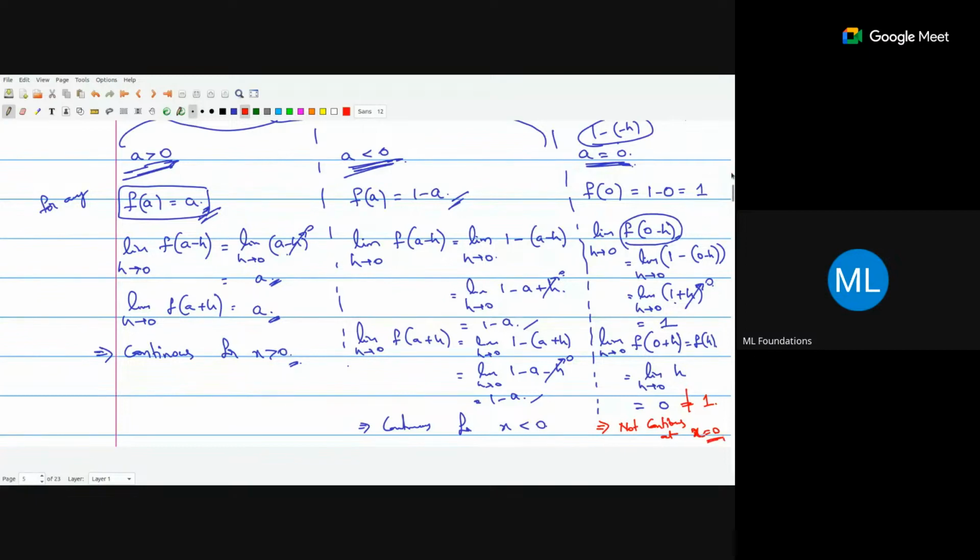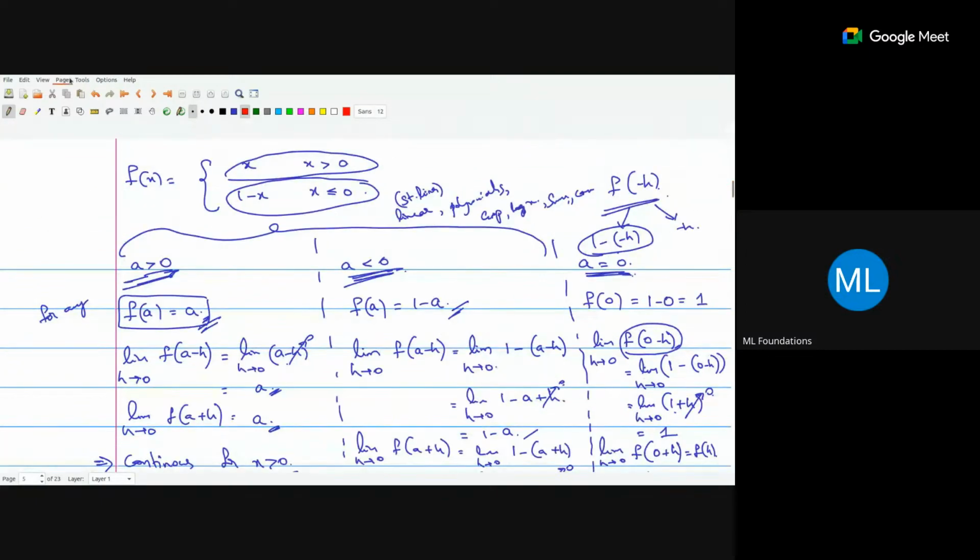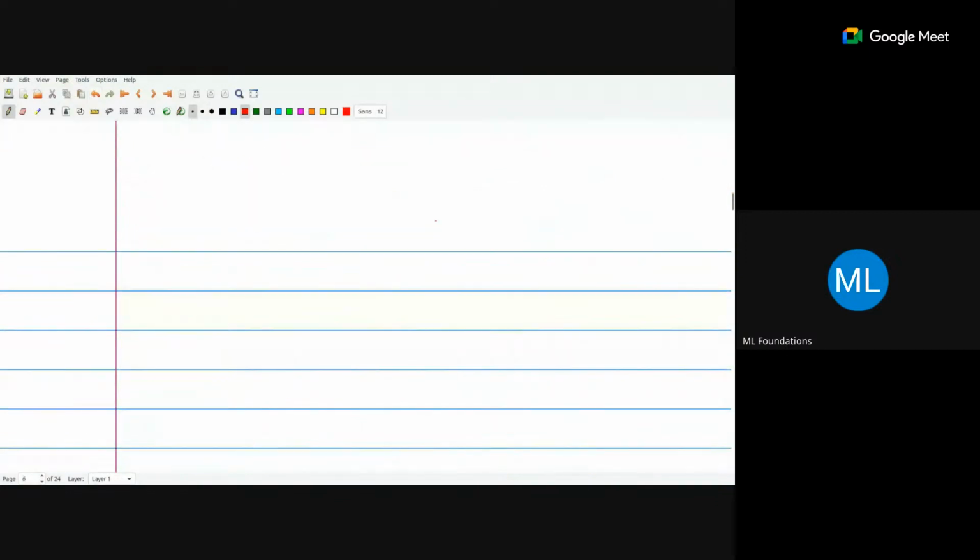If you see the graph also, how will the graph for this look like? When x is greater than 0, it behaves like x. We all know x will be a line like this.